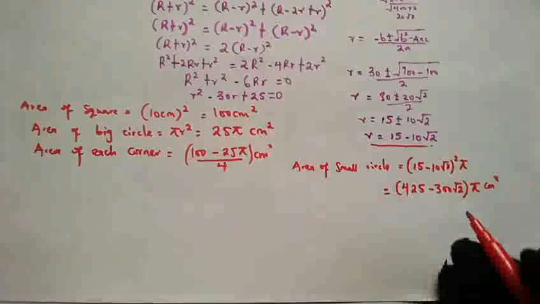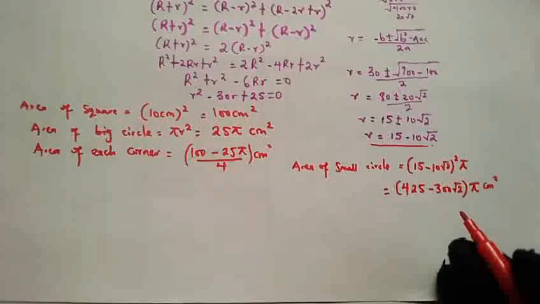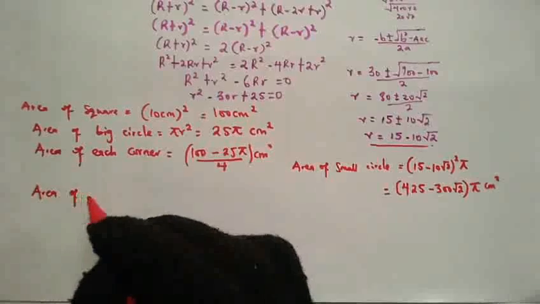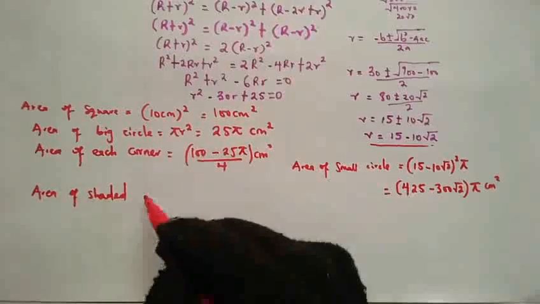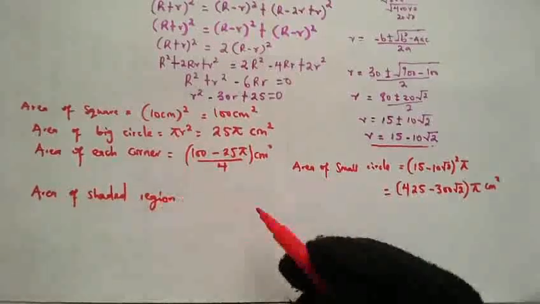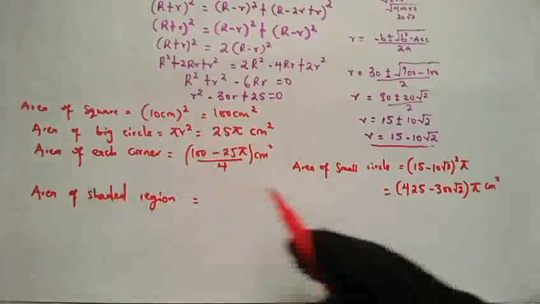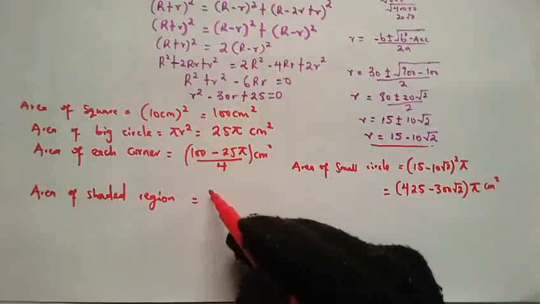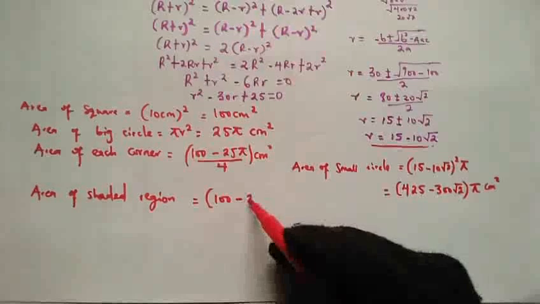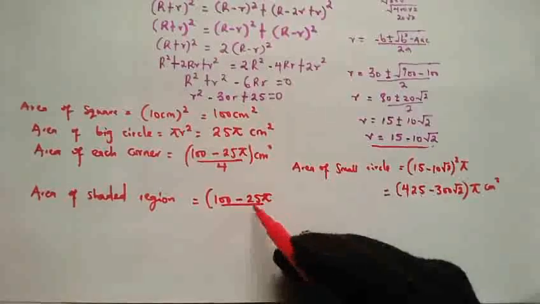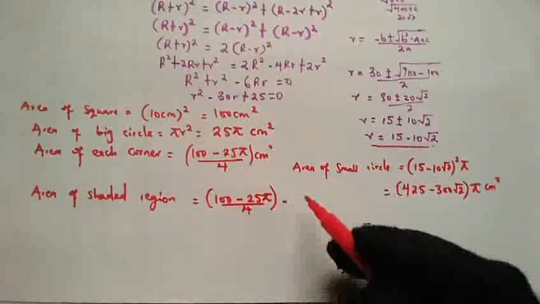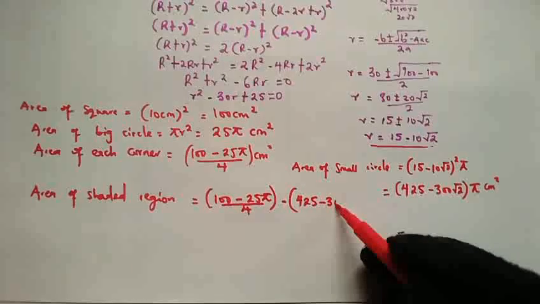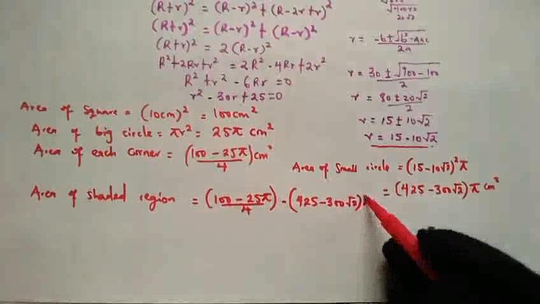So right now we're going to find the area of the shaded region, and that is going to be very simple from here. The area of the shaded region is going to be subtracting this area from the area of each corner. So that is what? 100 minus 25 pi all over 4, minus 425 minus 300 root 2 pi.